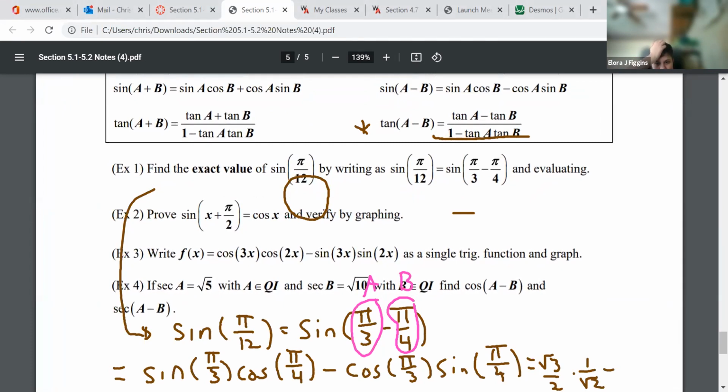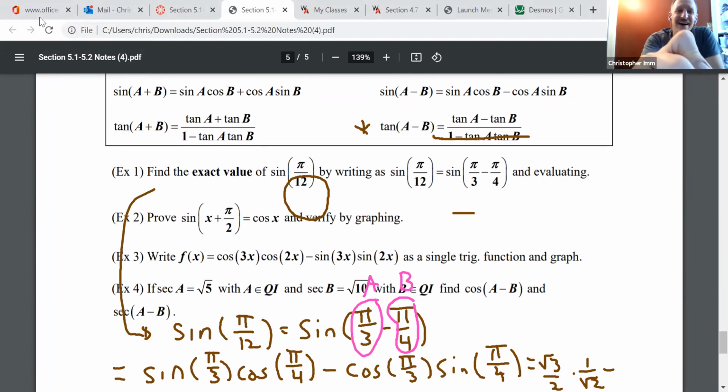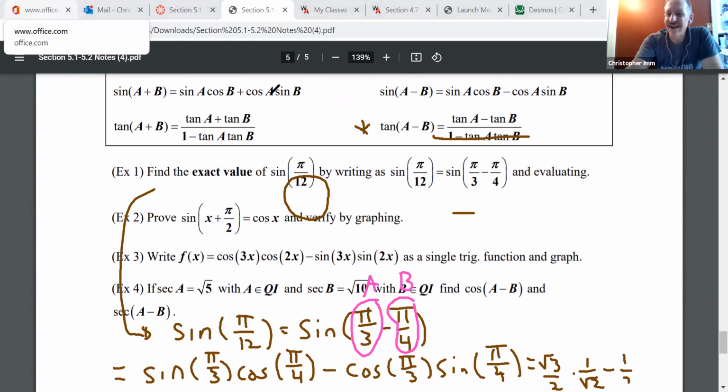So sine of pi over 3 was root 3 over 2. Nice job, Grace. Cosine is going to be 1/2. And then finally, sine of pi over 4. Another 1 over square root 2. You got it. Thanks, Connor.